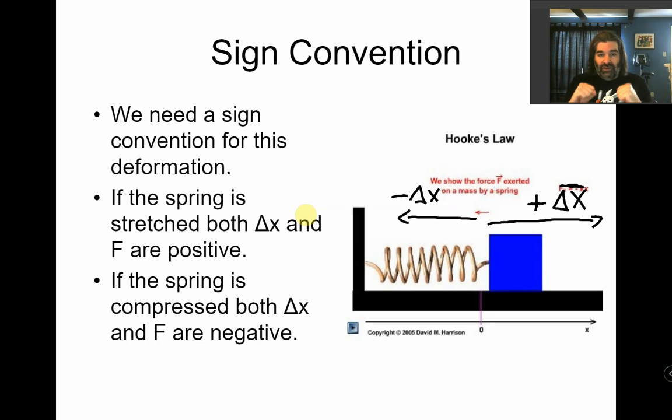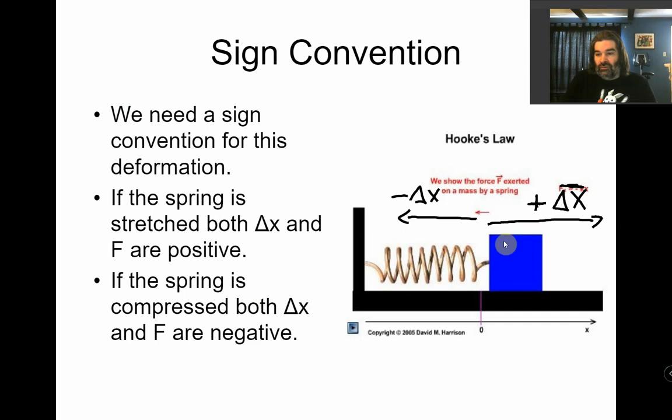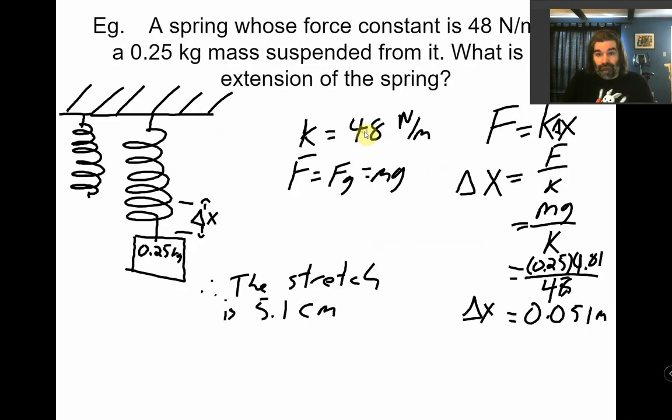By convention, if the spring is stretched, both delta x and F are positive. If you're extending the size, we call that a positive delta x. If you're shrinking it, we call it a negative delta x. So a positive force and a positive stretch would be in this direction, making it bigger. A compression would be a negative force and a negative delta x. That's just the sign convention that we pick.